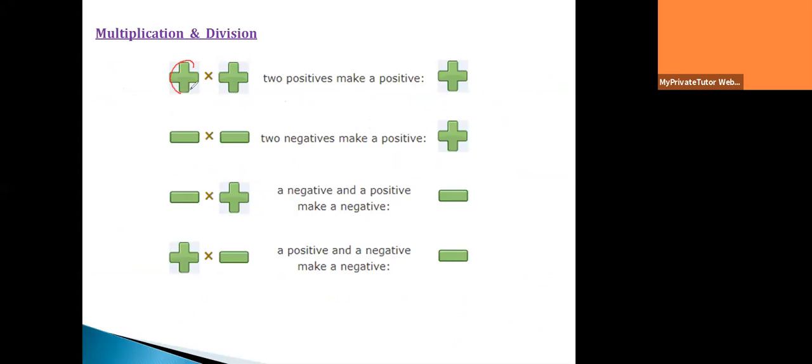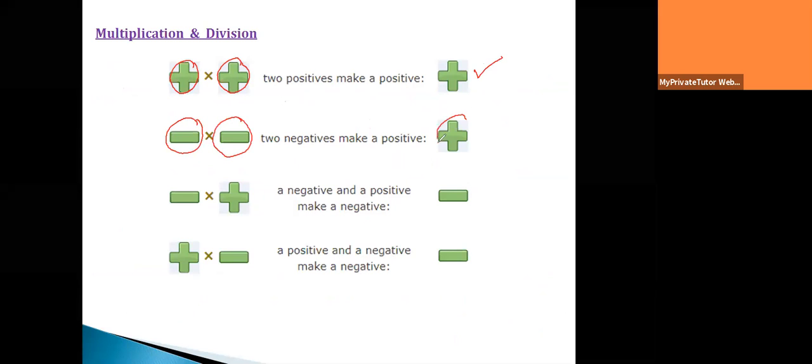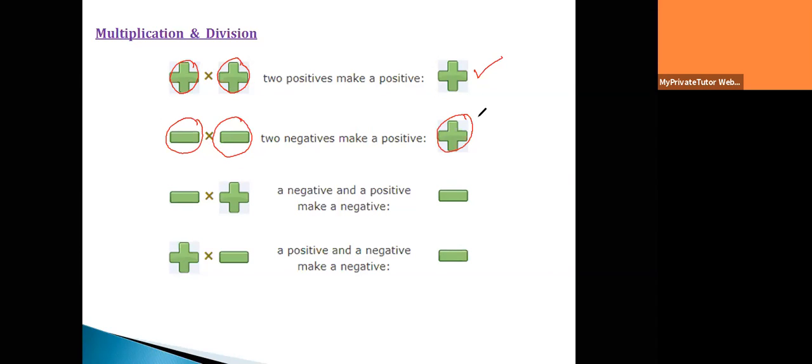If both the numbers are negative, again we'll get the answer in positive, because minus times minus, or minus divided by minus, becomes a plus. If one number is positive and the other is negative, in that case we'll get the answer in negative.